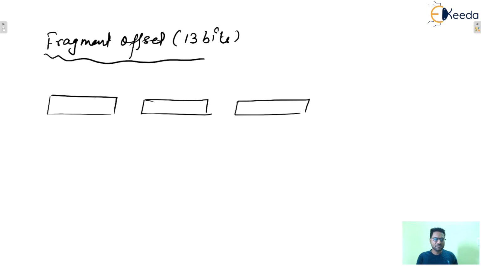Now let's say this is the third fragment. How many bytes of data are ahead of this particular third fragment? That will be calculated with the help of fragment offset. That will be clear to you guys when we cover the fragmentation topic.